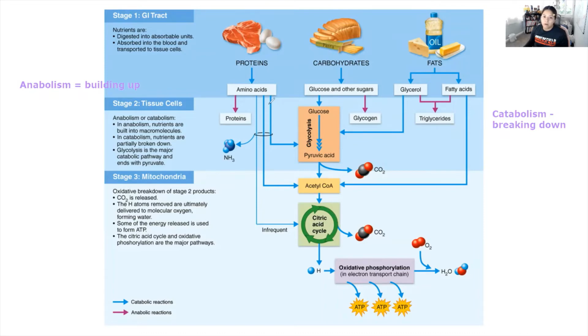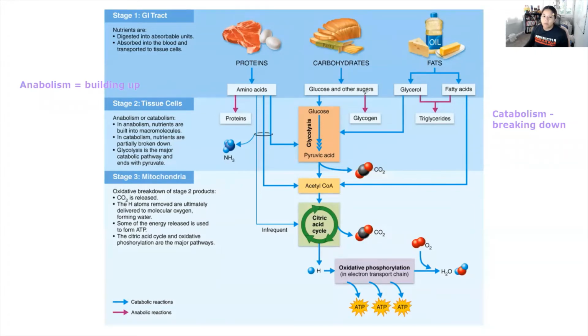So again, we can use amino acids for different parts of respiration in order to make ATP. So it's not just glucose, right? We can actually convert different nutrients into intermediate substances that are used in aerobic and anaerobic respiration.